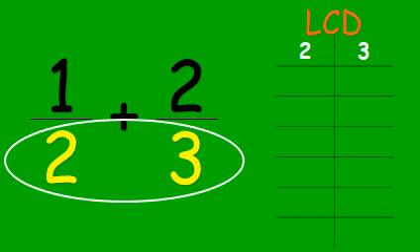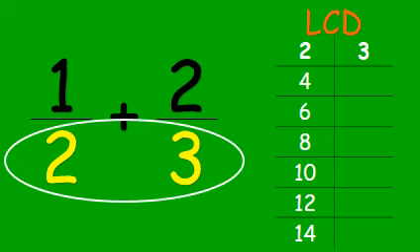Remember, multiple means the product or the answer to a multiplication problem. So we are going to go through our 2 times table and find the multiples for 2. Here are my multiples for 2. 2, 4, 6, 8, 10, 12, 14.